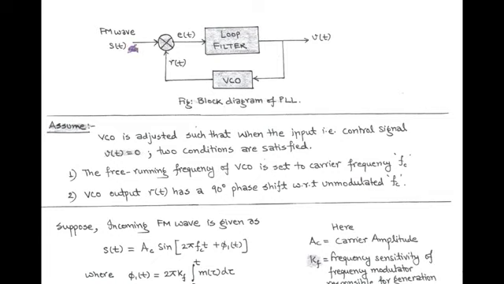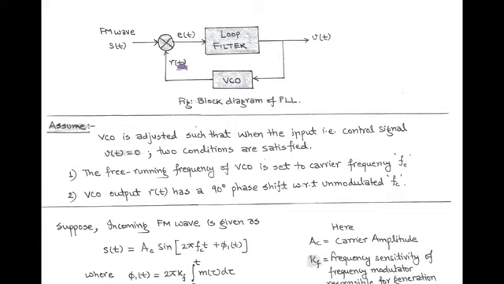In phase locked loop, the main function of VCO is modulation process. Here, VCO generates its own FM wave using control signal Vt, that is called locally generated FM.